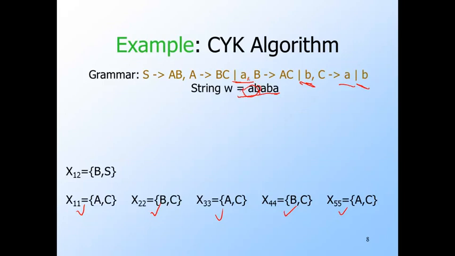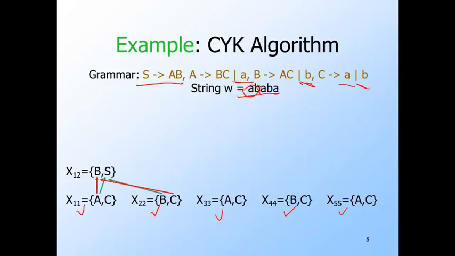That is, the only way to derive a string of length 2 in a CNF grammar is to use a production where one variable is replaced by two, and each of these variables derives one terminal. So the reason S is in X12 is that A is in X11, B is in X22, and S goes to AB is a production.